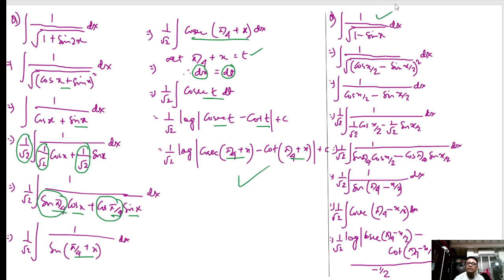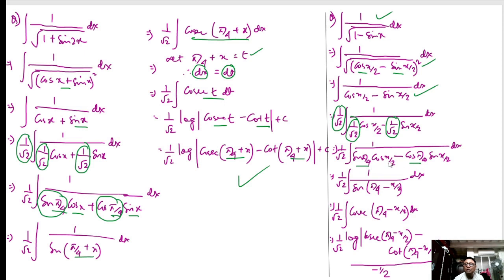Similarly, if this is the sum, 1 minus sine x can be written as sine x by 2 minus cos x by 2 whole square. Root and square cut. Now adjusting with 1 by root 2, you can see this 1 by root 2 can be written as sine pi by 4, and this 1 by root 2 can be written as cos pi by 4.